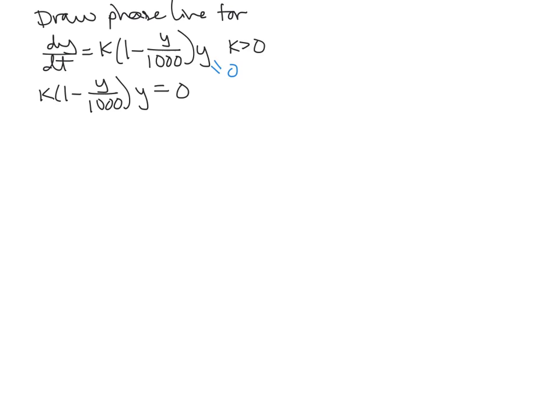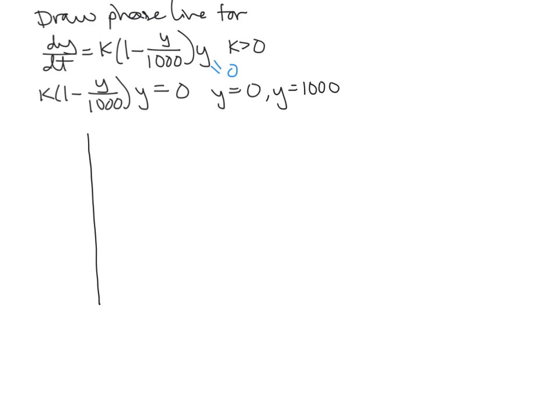What we get out of this is y equals 0, and I hope that's a little bit obvious. If we set y equal to 0, then this whole thing is 0. For the part in the parentheses, if we want that to equal 0, then y equals 1,000 would do that. 1,000 over 1,000 is 1, 1 minus 1 is 0. So y equals 0 or y equals 1,000, those are our equilibrium points.